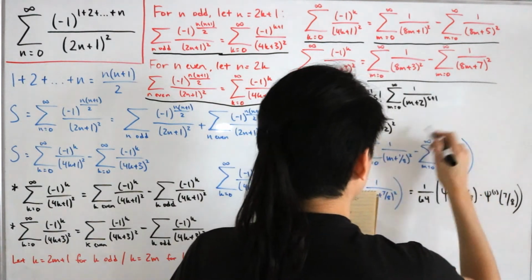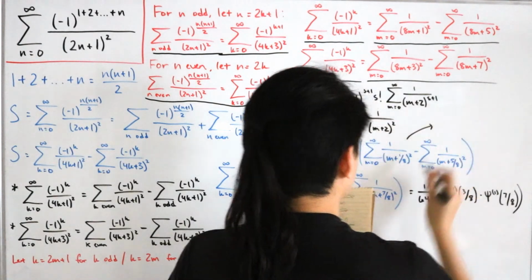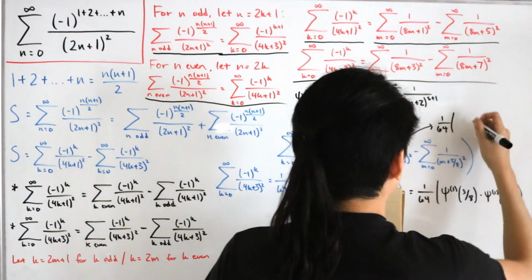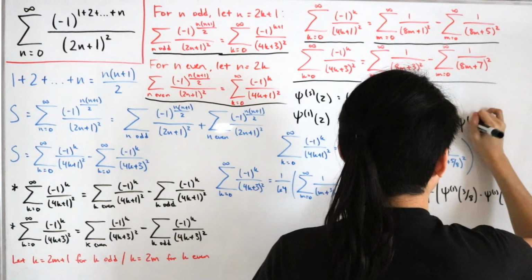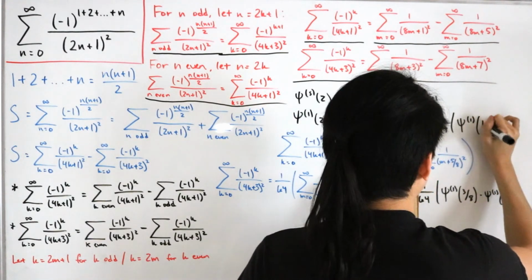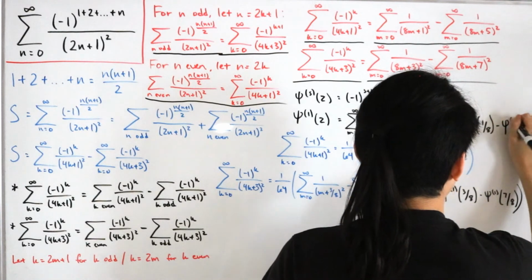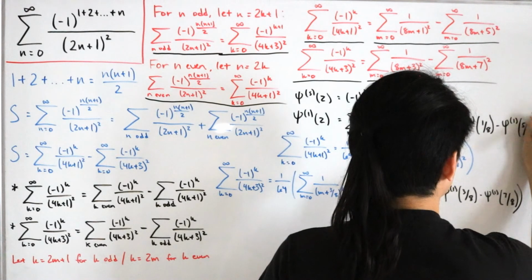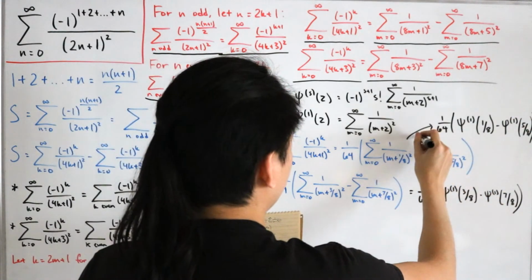And over here, I'm going to move to this line. This is going to be written as 1 over 64, and now we have psi of order 1 of 1 over 8, then subtract psi of order 1 of 5 over 8.